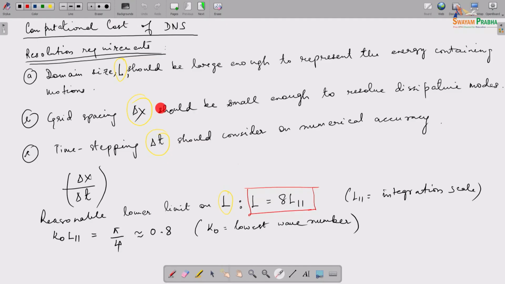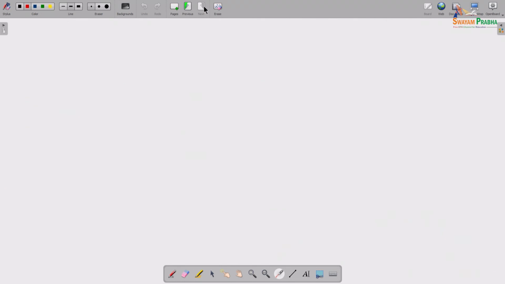When we started out, what did we say? Let's just say resolution requirements, right. We talked about the domain size. We said what should be the domain size, what should be delta x, what should be delta t. And then we started looking at it. Okay.